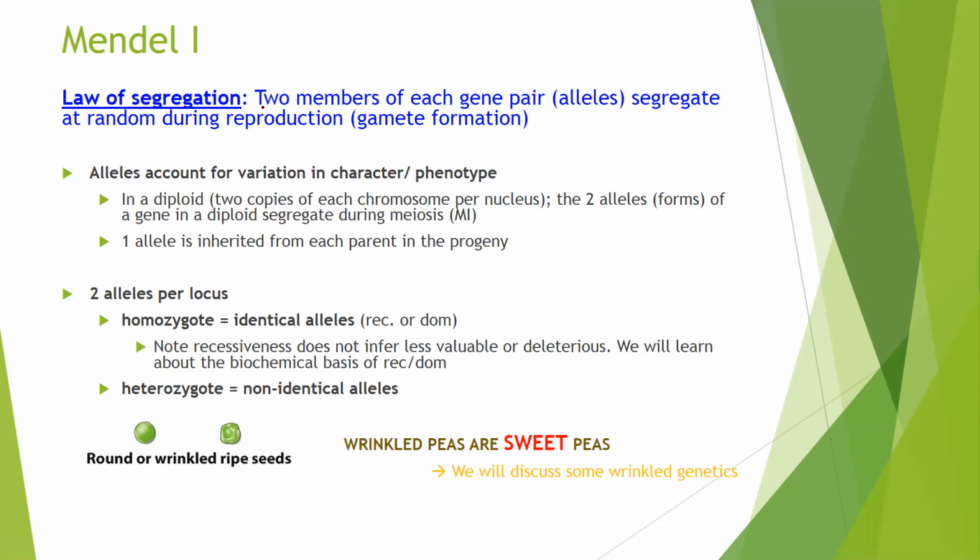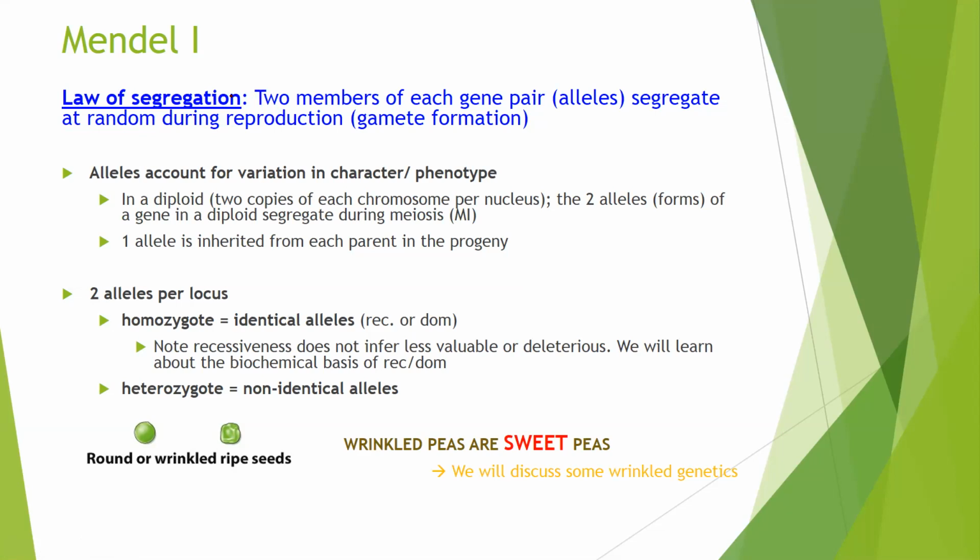This law describes the situation going on during meiosis. During meiosis, we start from 2N, the diploid, but we end up with 1N, the haploid. Initially we have two alleles at one locus, one gene, two alleles.